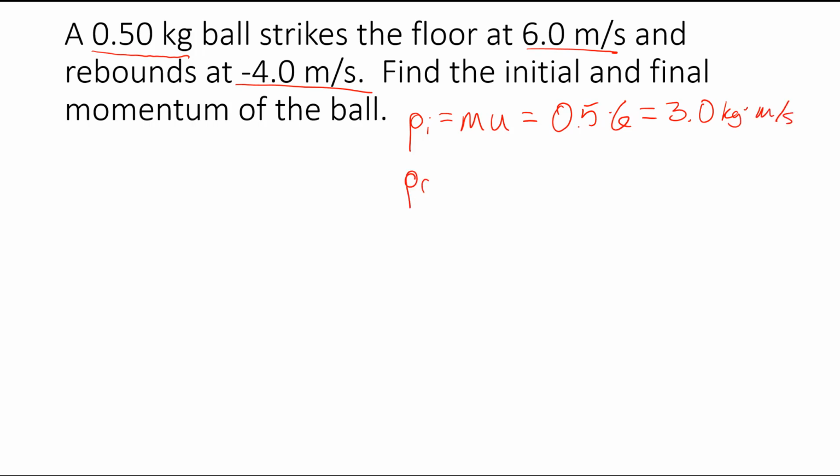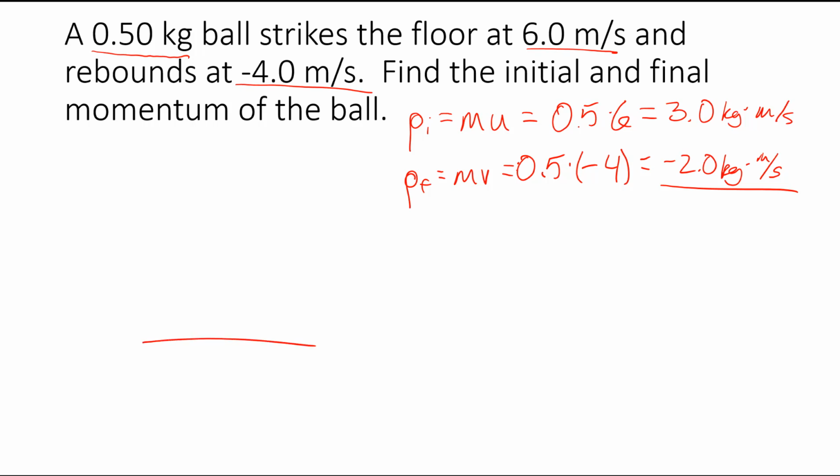P final is just going to be mass times final velocity. 0.5 times negative 4, which is negative 2.0 kilograms meters per second. Notice that it is negative, and that's because the ball strikes the floor with a downward velocity and bounces up with an upward velocity, and momentum is a vector. So if you got those correct, you are good.